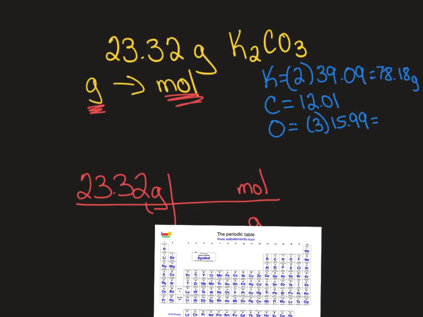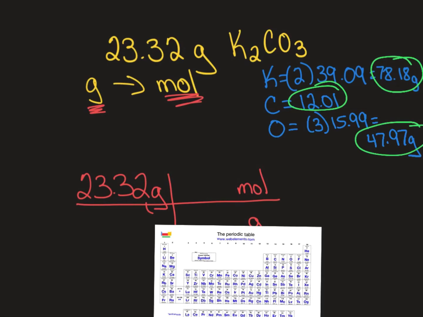But if you need to, look on the periodic table to see where I got the 15.99. All right, so we take 15.99. We're going to multiply that by 3, and we get 47.97 grams. Okay, now we have all of our masses for the 3 elements, potassium, carbon, and oxygen. We have 78.18, 12.01, 47.97, and we need to add those 3 together.